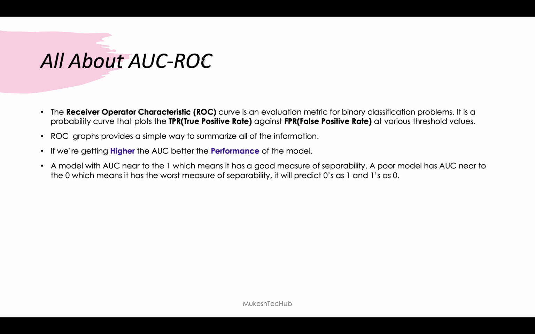Separation means, if we are dealing with financial or healthcare domain data where we have different categories, like people having cancer or some other disease, and the model categorizes well, then the AUC score should be near 1. If it is not near 1, we can say it's not categorizing well. Sometimes it will consider 1 as 0 and 0 as 1.